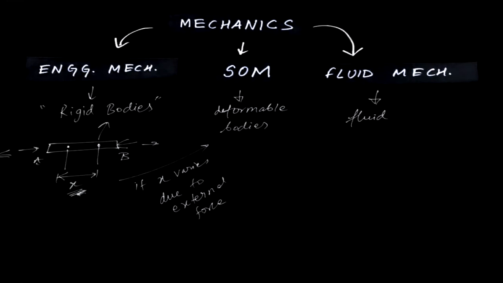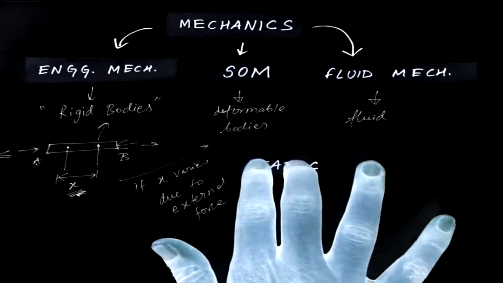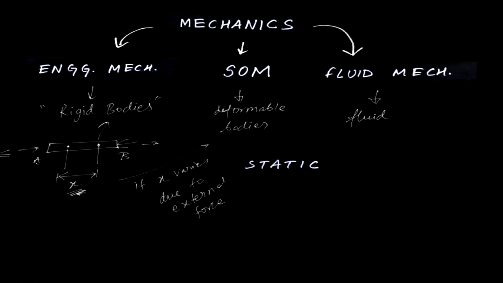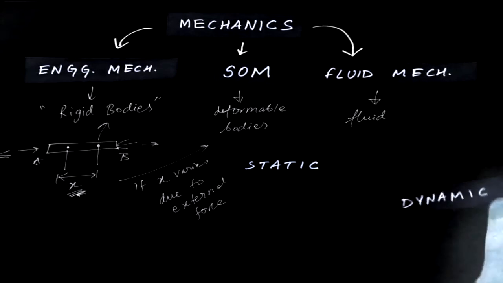And in fluid mechanics, of course, we talk about the fluid, and you will learn in detail what a fluid is shortly. If we further categorize these things, there are more classifications. One classification is known as static, and another is known as dynamic.